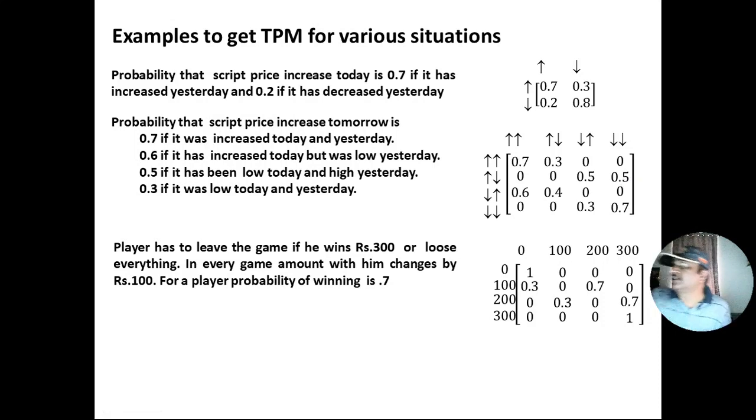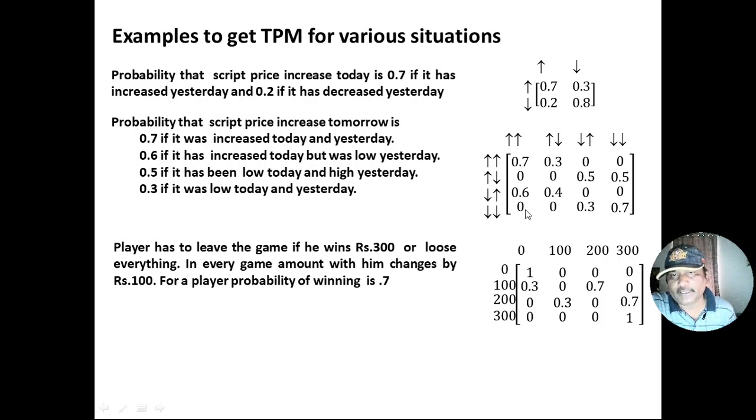And lastly, 0.3 if it was low yesterday and low today. So I have to write the values where the share price is indicated to be low today and low yesterday.